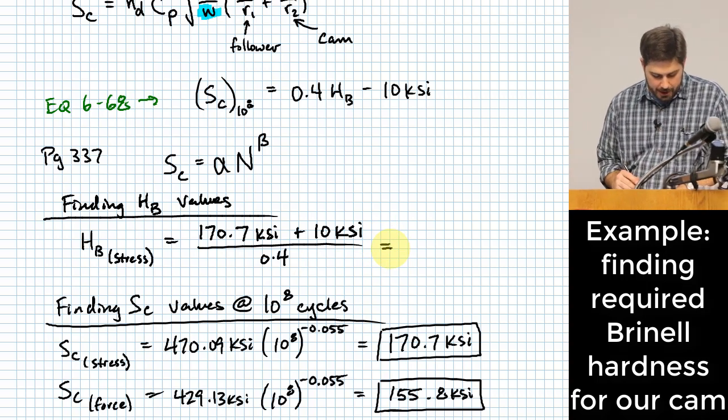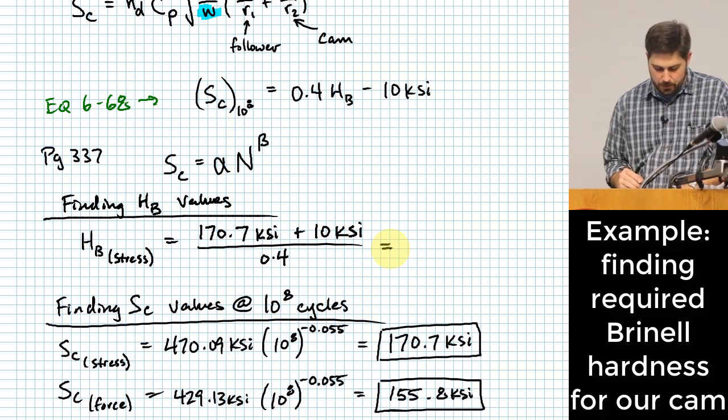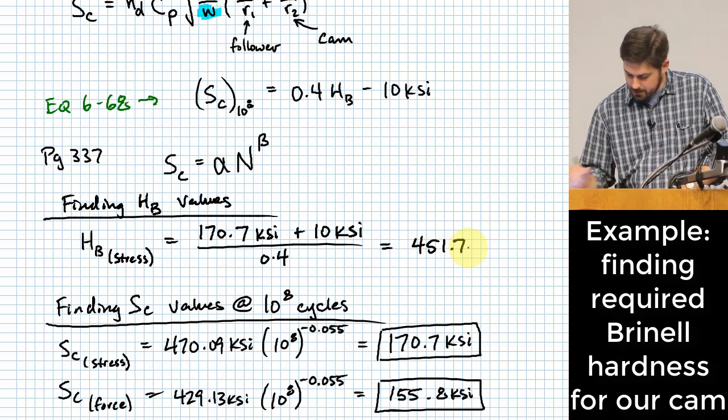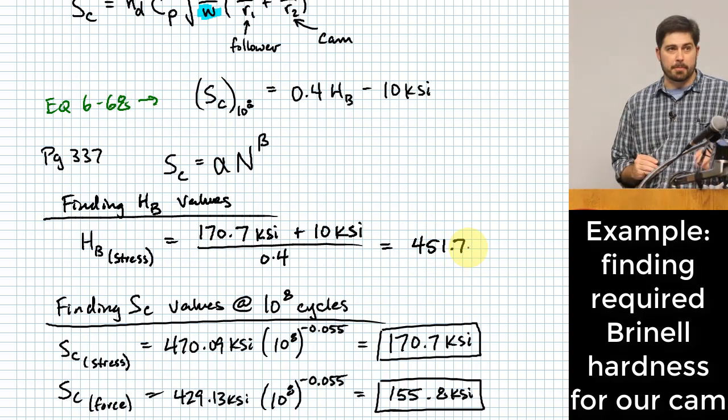So if I'm guarding against excessive stress, I want 451.7 as my Brinell hardness number.